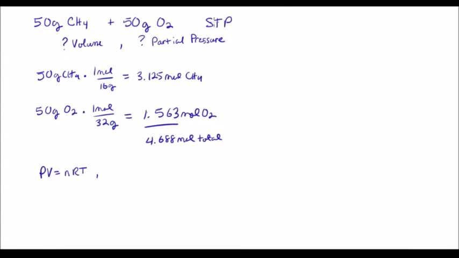So we know our pressure, standard pressure is going to be 1 atmosphere. Volume is what we don't know, 4.688 moles. And R, if we look that up on a table, we need the one that has atmospheres in the units.